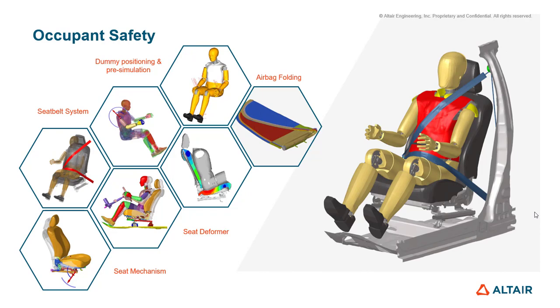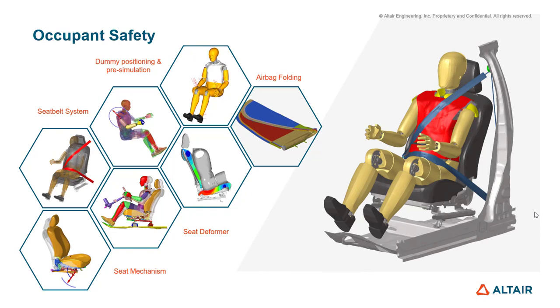When you are defining for the complete seat, you're going to export the input deck for the simulation and import the H3D in the same session to replace the nodal coordinates of the deformed parts. The foam deformation or foam compression happens within HyperWorks. You have to select the solid components of the foam and dummy components, and it runs within HyperWorks.